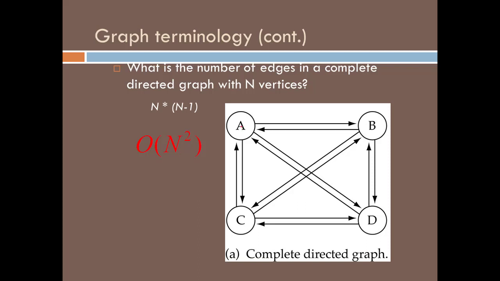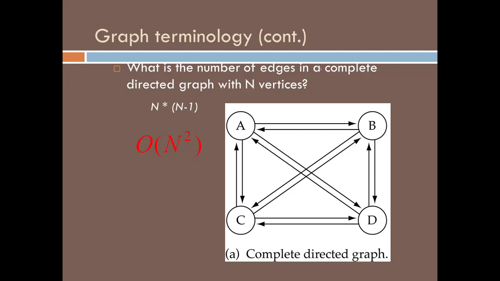For example, if we randomly pick A and D, we can see A is adjacent to D and D is adjacent to A. Similarly, if we pick C, C is reachable to A, also to B, also to D, and the same is true for B and D. For all the nodes, we have a path from every node to every other node of the graph. So that is the definition of a complete graph.